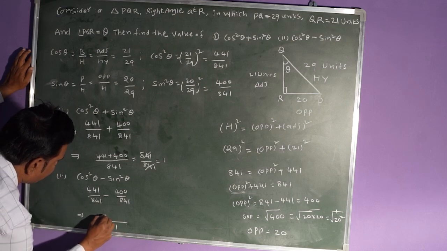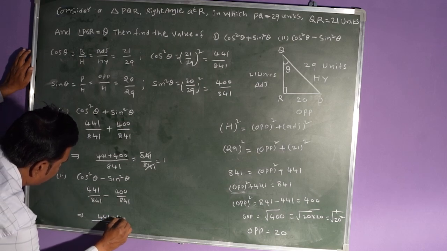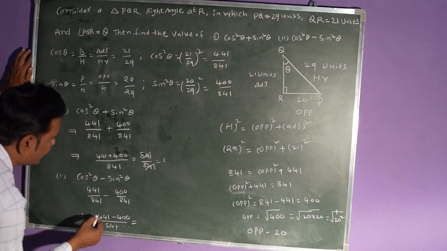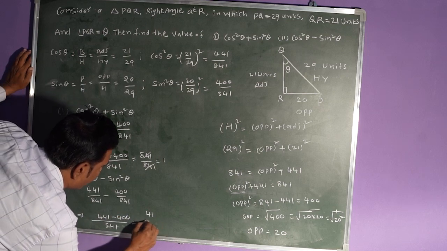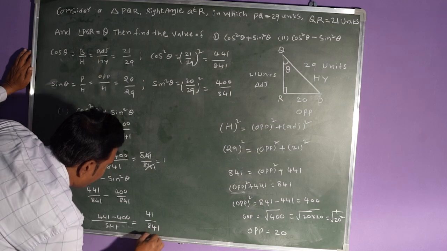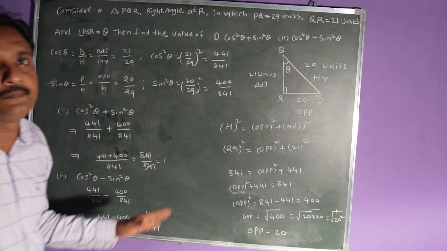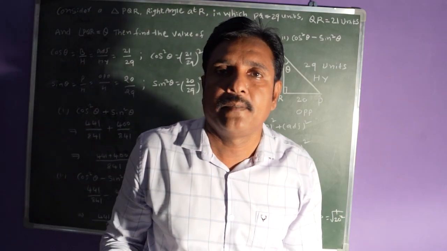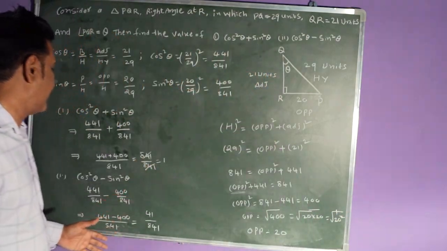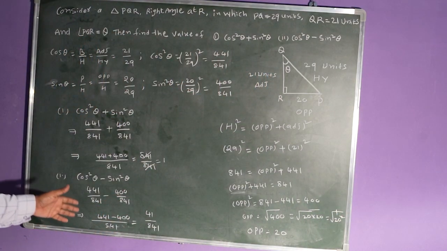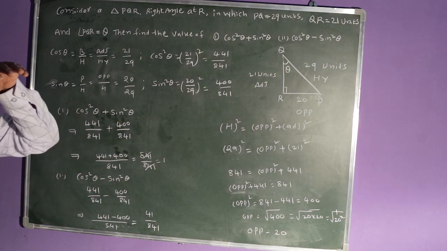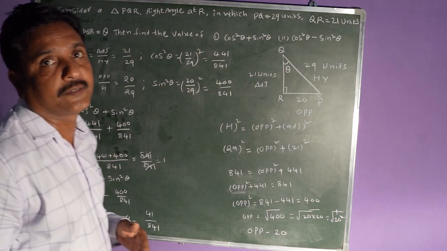Then 441 minus 400 is equal to 41 by 841. This is the answer. Okay, is it clear? I will explain once more.